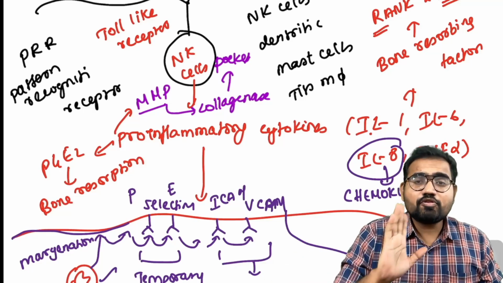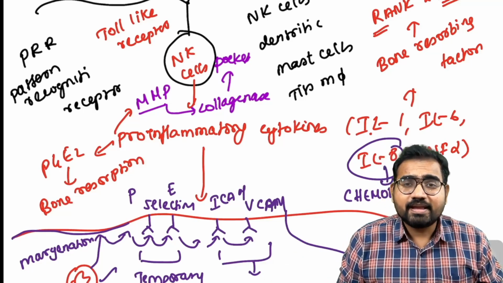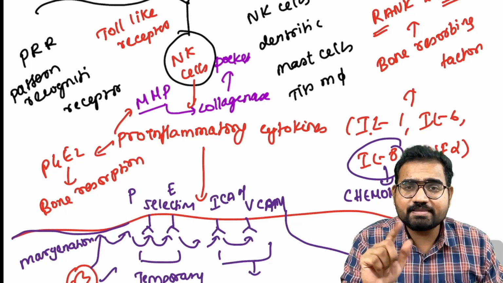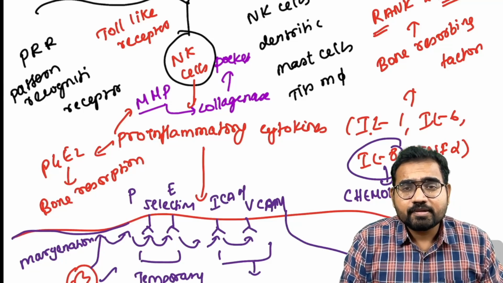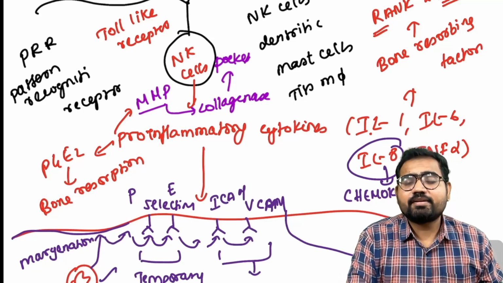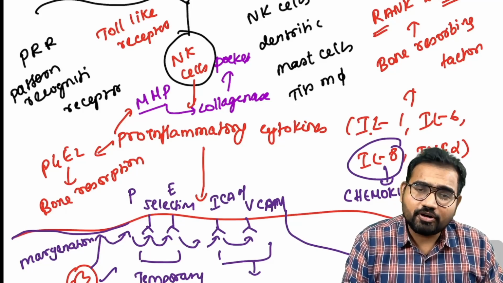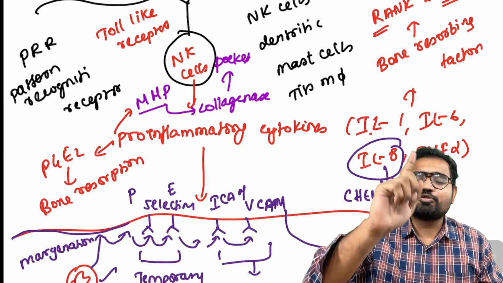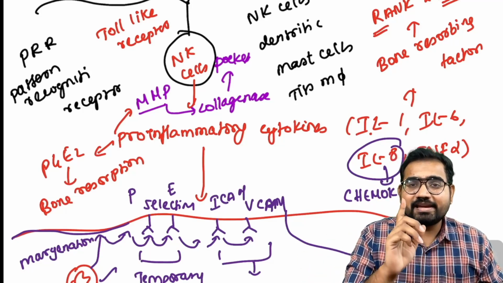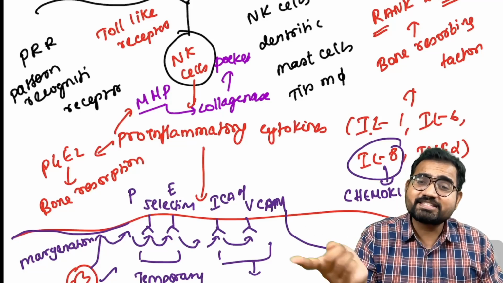Now, am I right in saying that any systemic problem, for example diabetes, where a patient has diabetes, there will definitely be increased synthesis of pro-inflammatory cytokines, so obviously there will be bone resorption? That is how a link between diabetes or any systemic disease and periodontitis arises.